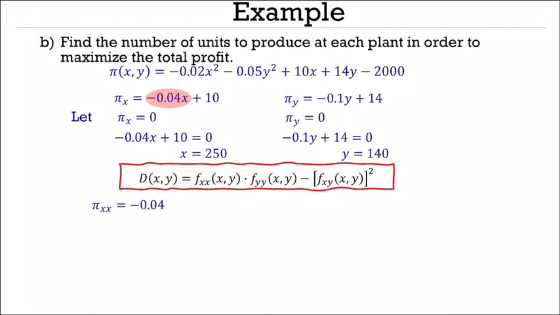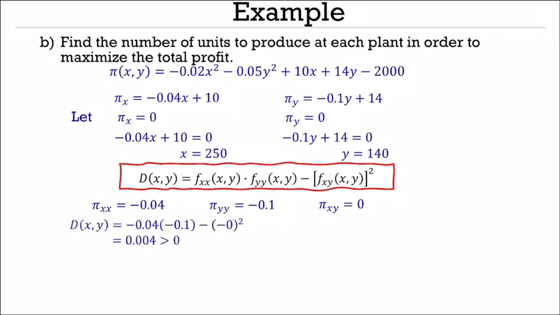So, find the second order partial derivatives pi sub double X, pi sub double Y, and pi sub XY, which equals 0 because there is no Y in pi sub X. Substitute all of these into the discriminant formula.